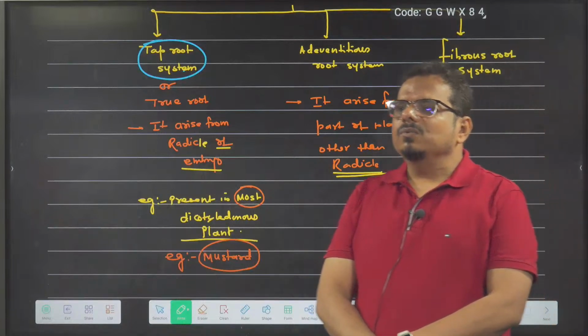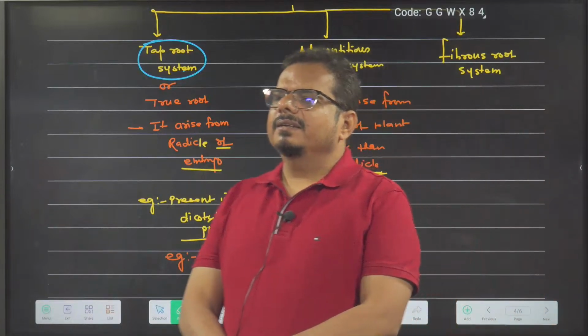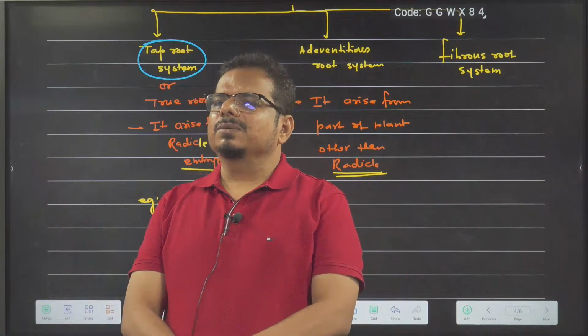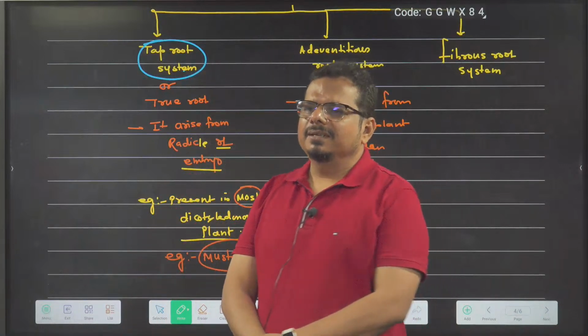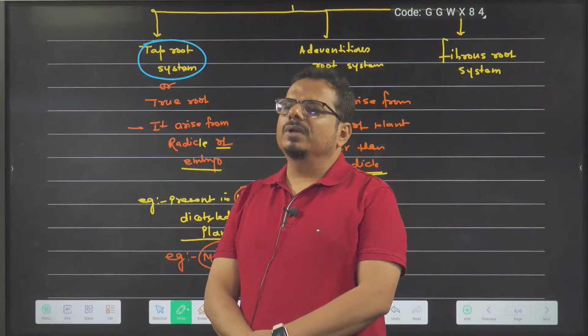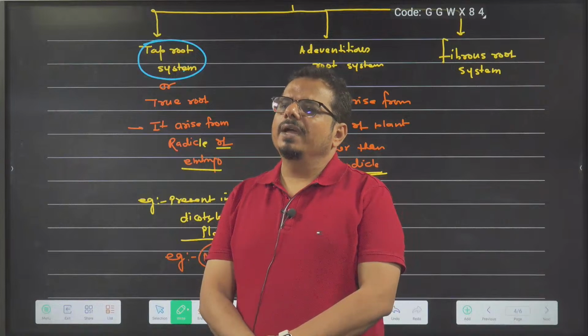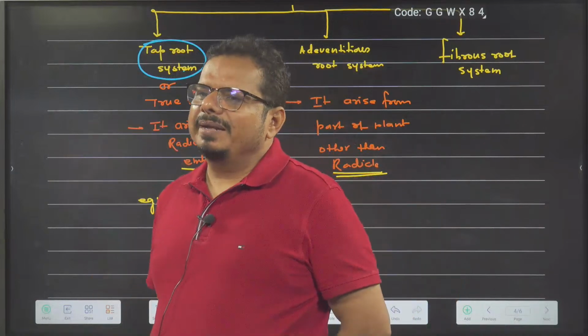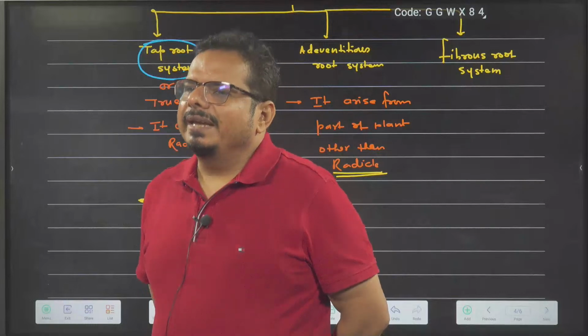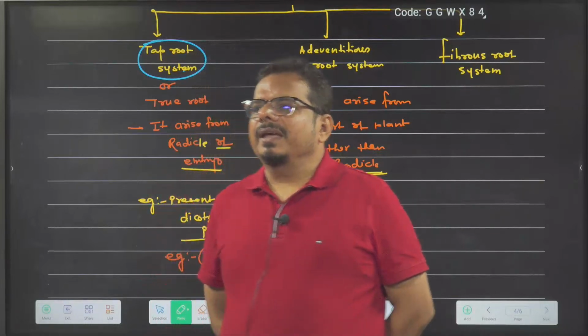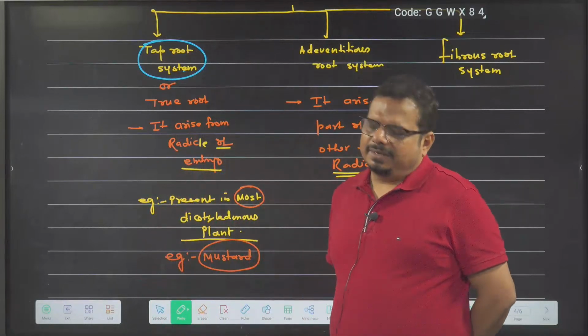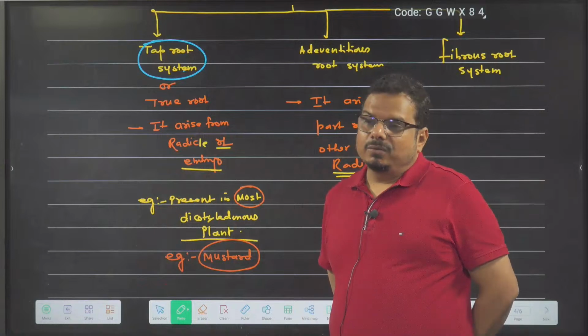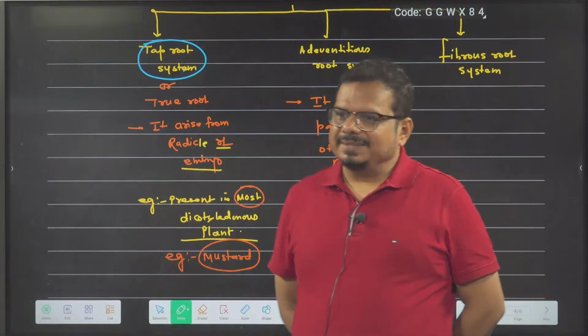Because plants are too diverse. So many continents are there, so many countries, so many different habitats. So it is not possible for anyone to examine every plant. Even if you take 10 years, you can't examine every dicot plant.